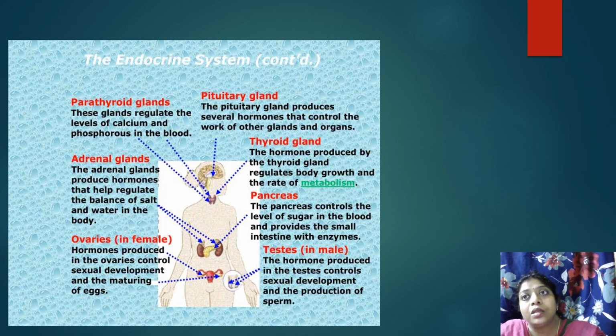So what is this positive feedback mechanism? The body itself has two types of feedback, the negative and the positive. The negative feedback mechanism, what does it explain? When there is a change from the normal state, messages are sent to increase the secretions from the gland.